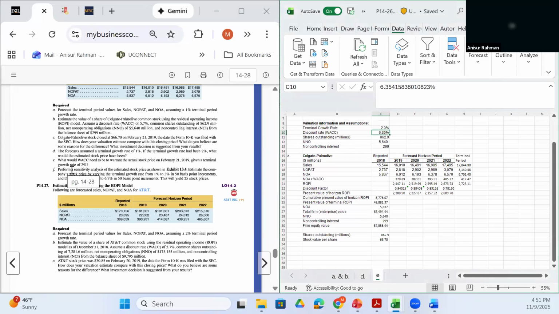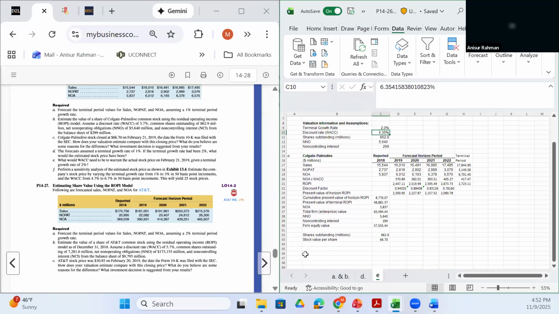Now F, perform a sensitivity analysis of the estimated stock price as shown in Exhibit 13.4. Okay, estimate the company's stock price by varying the terminal growth rate from 1% to 3% in 50 basis points walk.